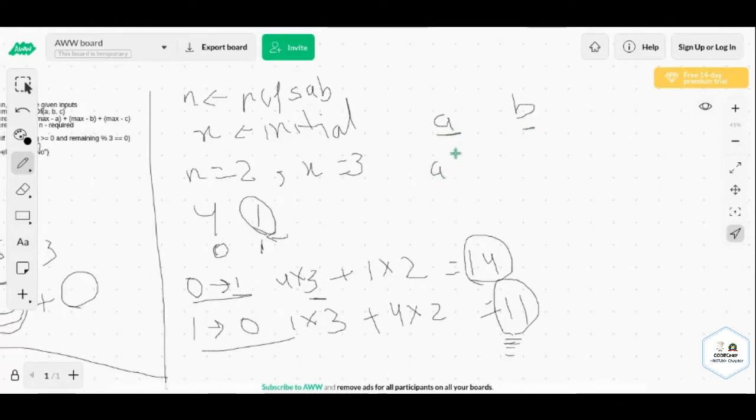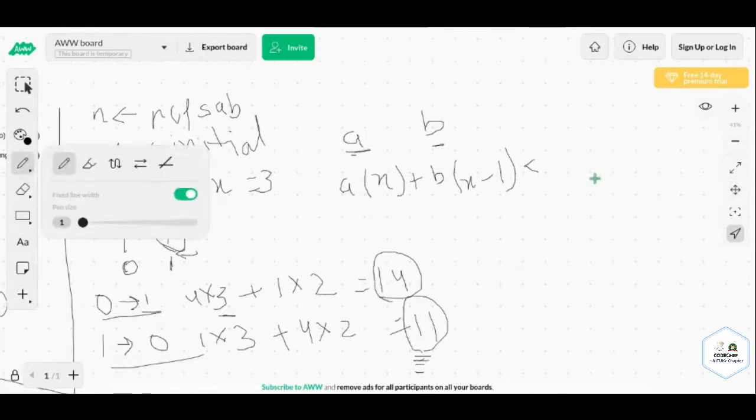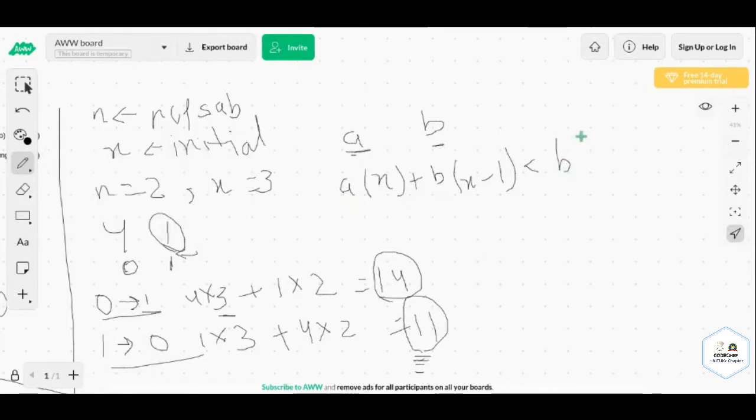The total power required when we teach A first is A into X plus B into X minus 1. Here we are teaching A first and then B. Now we are teaching B first and then A second.